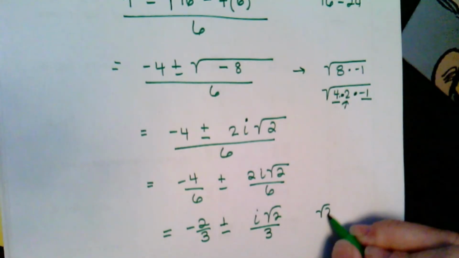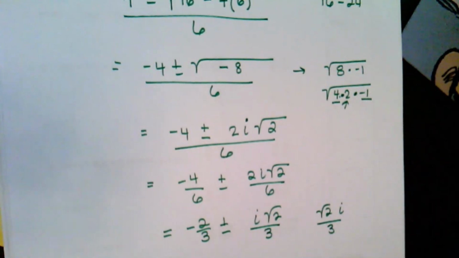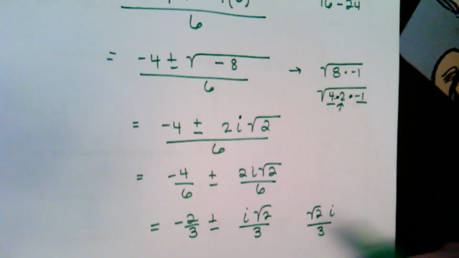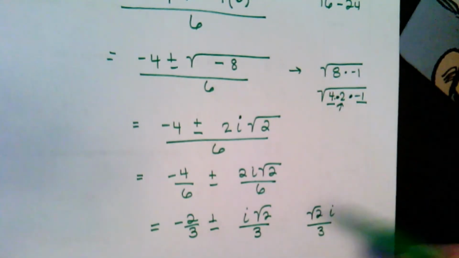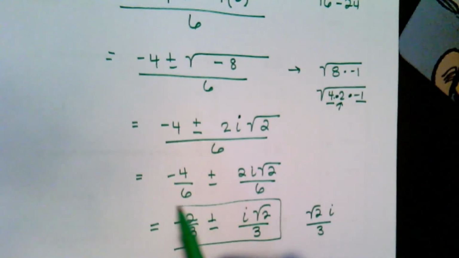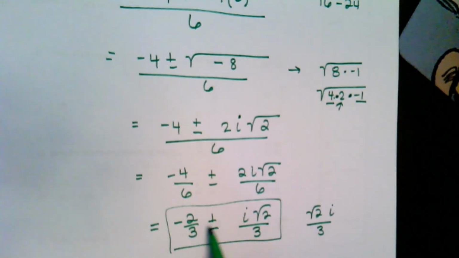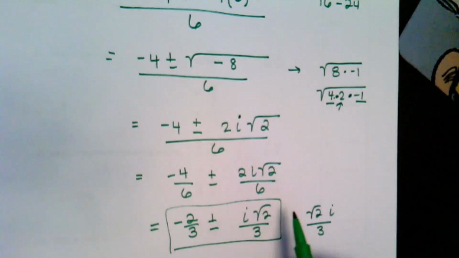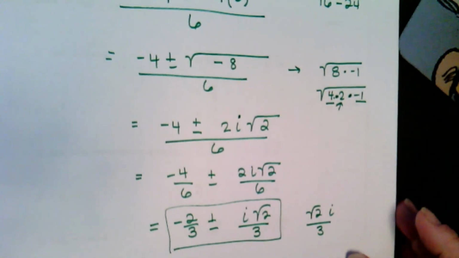And sometimes you'll see it written like this too, so both of those forms are correct. Depending on what book you learn, it doesn't matter where the i really goes. So this is your final answer. So we have 2 answers again, negative 2/3 plus i radical 2 over 3, or negative 2/3 minus i radical 2 over 3.